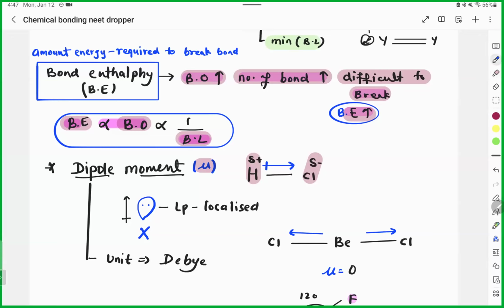Your arrowhead will be toward the more electronegative element, and your tail will be on the opposite side. If you have a lone pair of electrons, it is always localized at one place, and it tries to go away from the atom.